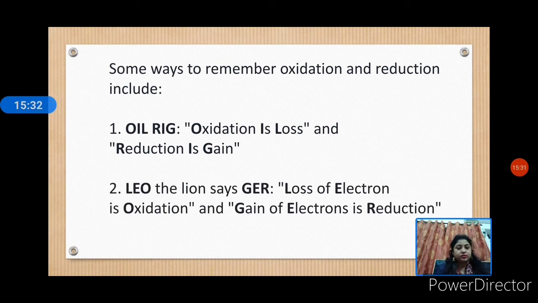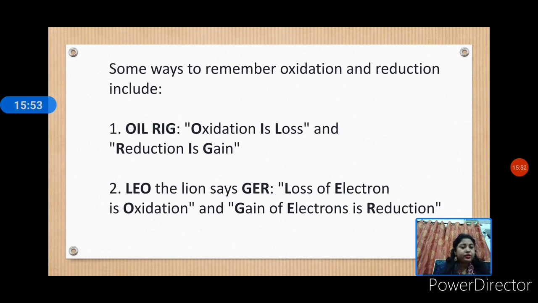One more shortcut is also here. Lion, LEO the lion says GER, which means loss of electron is oxidation, LEO. Loss electron oxidation, GER. Gain of electrons is reduction.